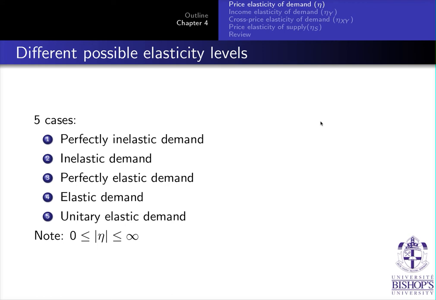So we're going to go through some of the extreme scenarios and then discuss which category a certain product may fit in. The 5 different cases that we're going to be going through are highlighted here. And to note is that we will always deal with a positive elasticity because we're taking the absolute value.